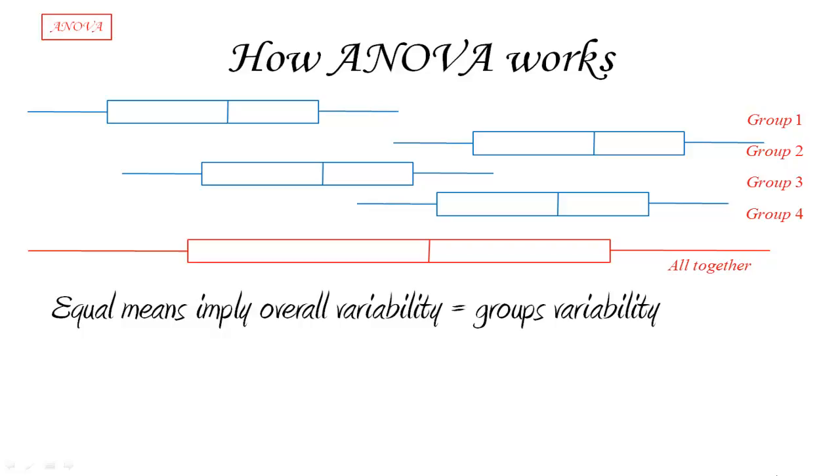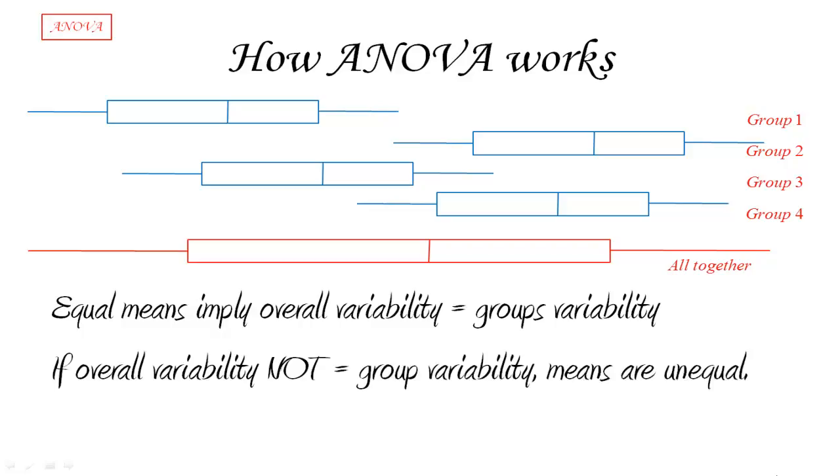So that means that the variability of the whole group will look quite different from the variability of each of the individual groups. And this is what ANOVA actually exploits. So what it tries to do is say, okay, let's compare the variability of the whole group to that of the individual groups. If the overall variability is not the same as the variability of each of the groups, then it must mean that the means are unequal.